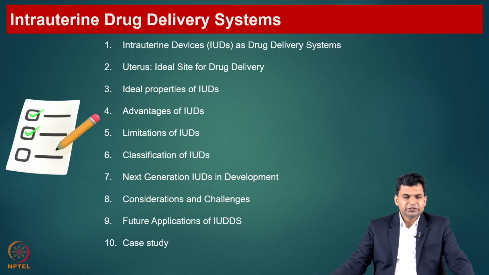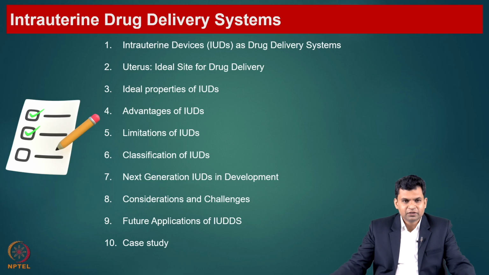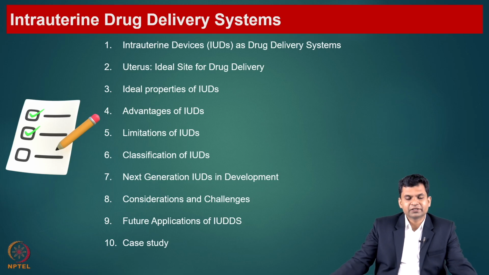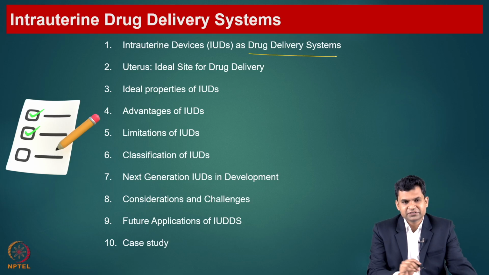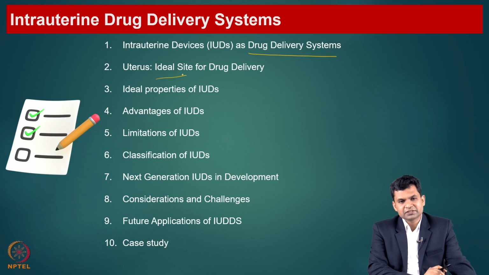In this topic we are going to discuss the intrauterine drug delivery systems. So, today we will focus on what the intrauterine drug delivery systems are. We will start with the introduction as a drug delivery system, then we will see how the uterus is an ideal site for drug delivery.